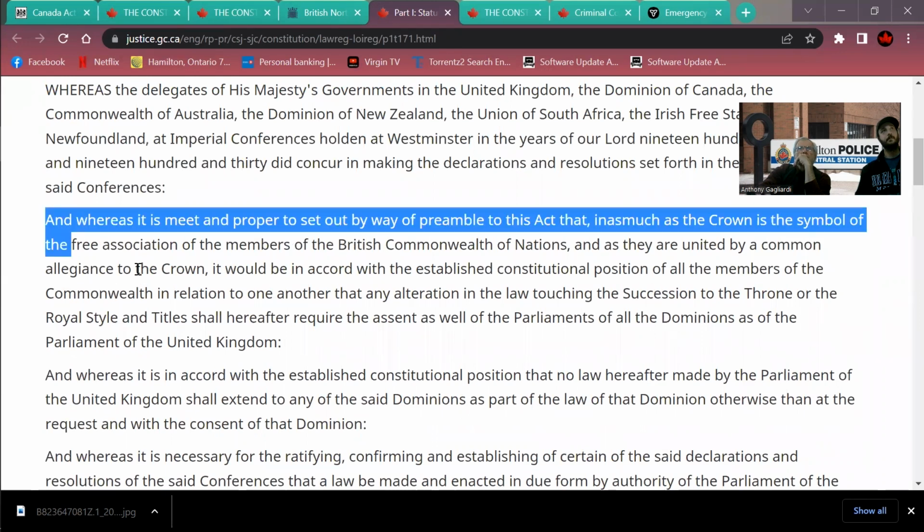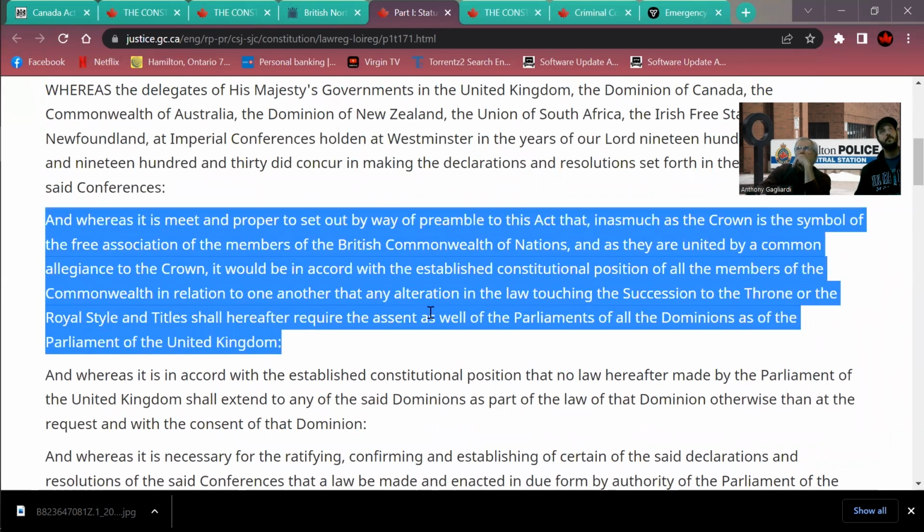And that's not the case at all, because if you just read over here, it's this paragraph right here. Basically, it says that all the members of the Commonwealth in relation to one another, that any alteration in the law touching the succession to the throne or to the royal style and titles shall hereafter require the assent as well of the parliaments of all of the dominions as the parliament of the United Kingdom.